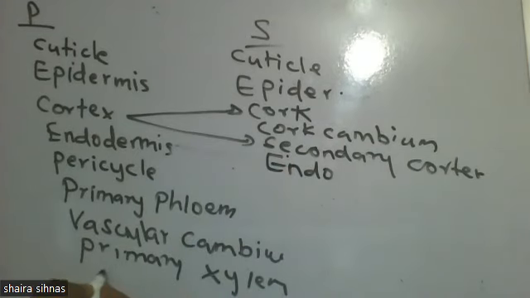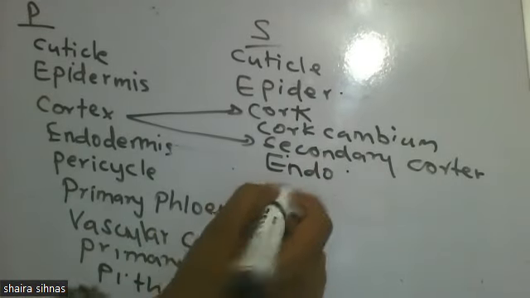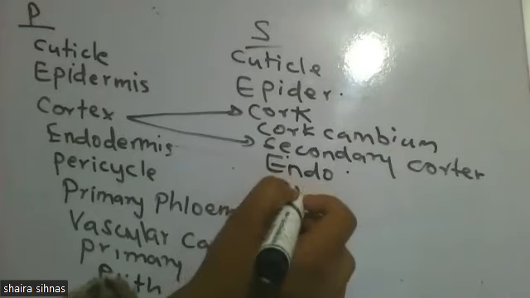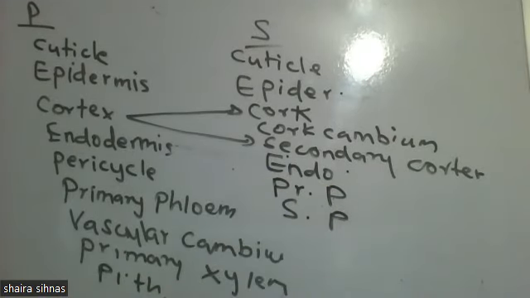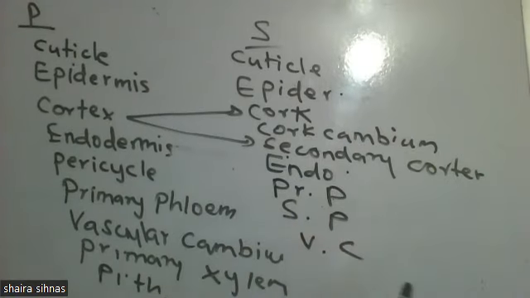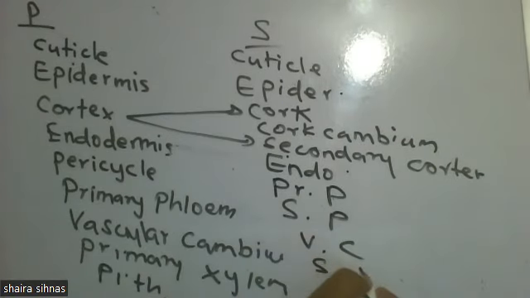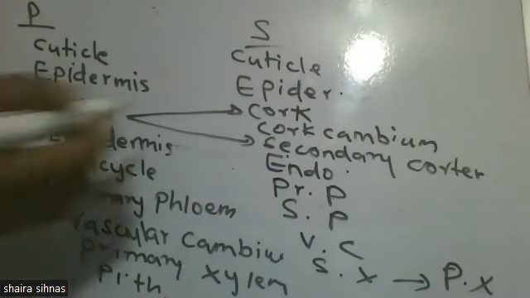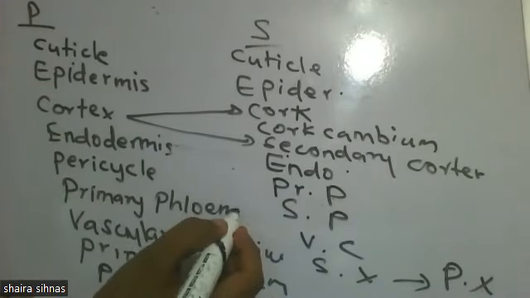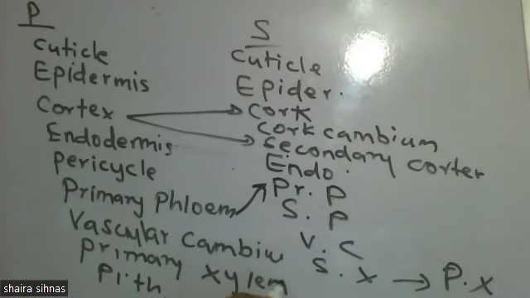And here you had the pith. Right? You had the pith in primary, endodermis. Now in the secondary, you had the primary phloem, then the secondary phloem, then again vascular cambium, then secondary xylem. I'll write here the remaining primary xylem. And here you don't have it. So you have added some new layers from here.